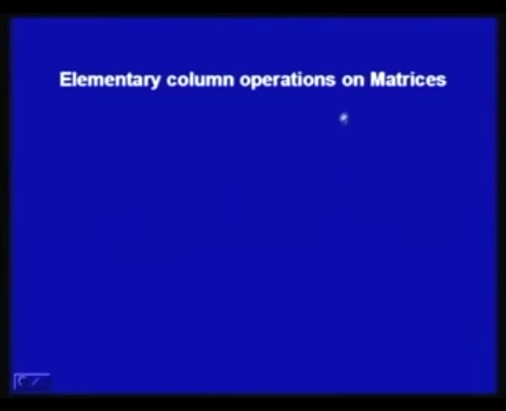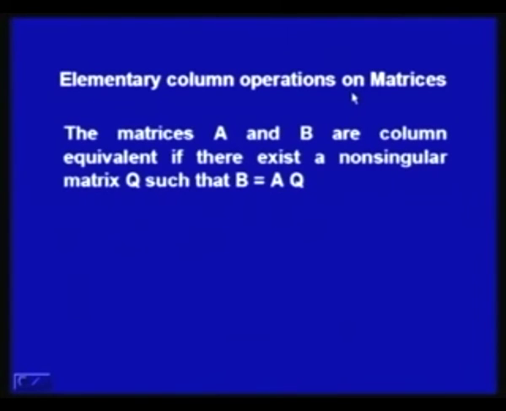So, we can apply elementary column operations on matrices, and one can define the same equivalence relationships: the matrices A and B are column equivalent if there exists a non-singular matrix Q such that B is equal to AQ. Mind here I am multiplying on the right hand side. For a row operation it was on the left hand side.